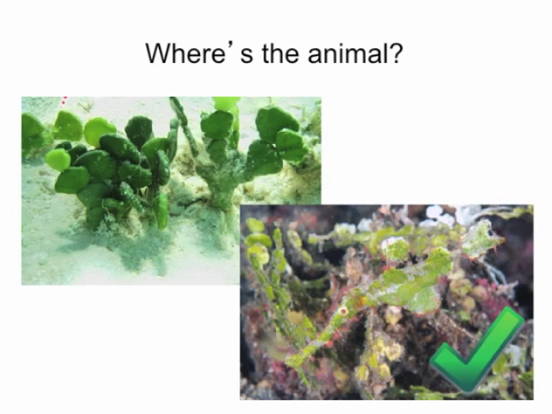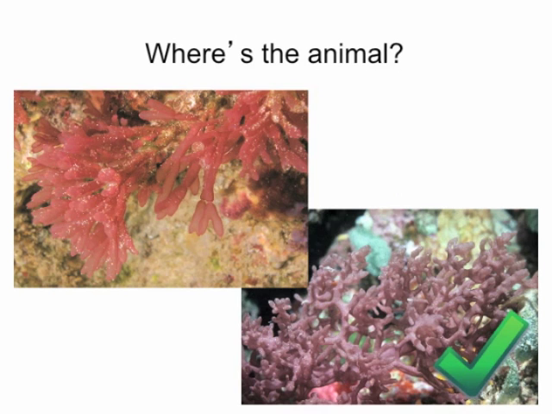The left is a green alga called Halimeda, and the right is actually a crab called a Halimeda crab. But it's really hard to see. It adorns itself with all this greenness on it, and you really can't see the crab. It does look a little like a seahorse, right? But it's not. It's actually a crab that has green bits on it to make it look more like seaweed.